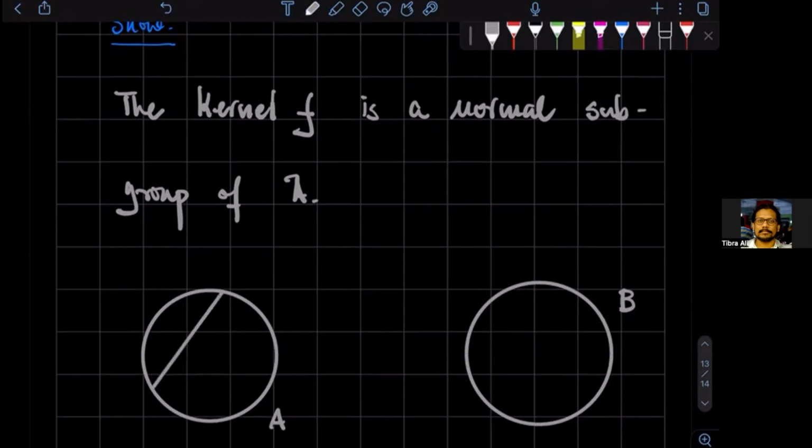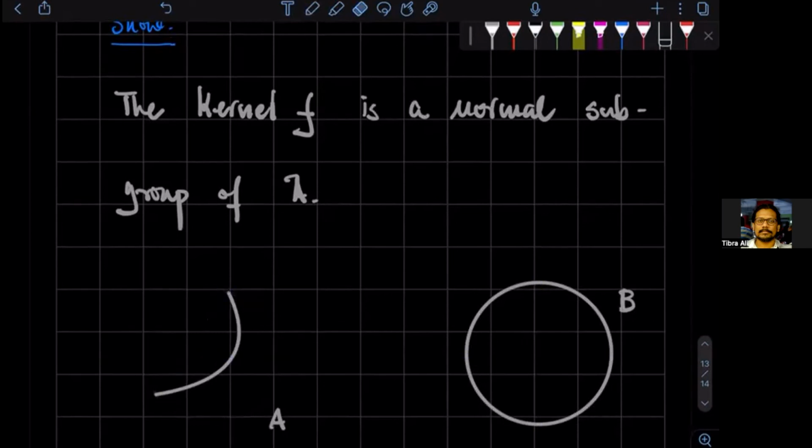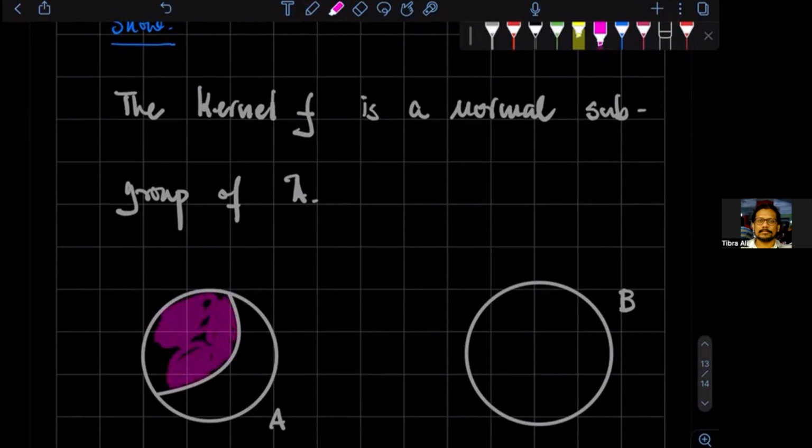Suppose that we have all these elements in A, and there is one element in B, which is the identity element e_B.